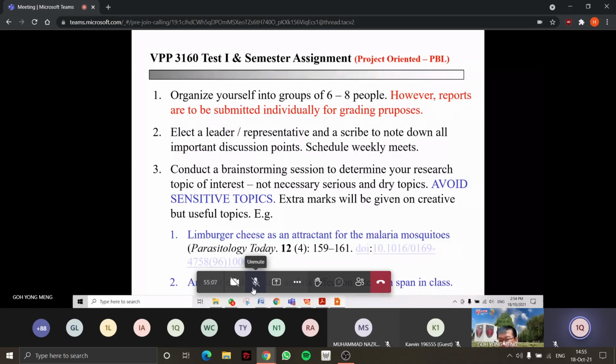So I'll prefer for you to first organize according to the last digit of the matric number, and then after that, the excess number of students can be reformed into an additional 1 or 2 groups. So you're going to have at the most 12 groups. Don't have to keep to the 6 to 8 people.